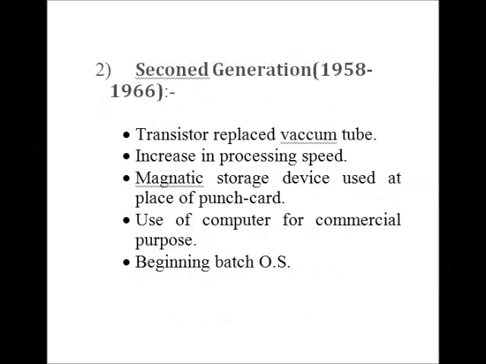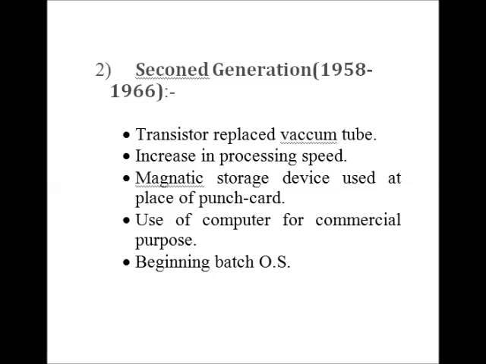Then comes the second generation, which lasted from 1958 to 1966. Transistors replaced vacuum tubes. In this generation, in place of vacuum tubes, transistors were used. Transistors were small in size and required less energy, and they are made of semiconductor.